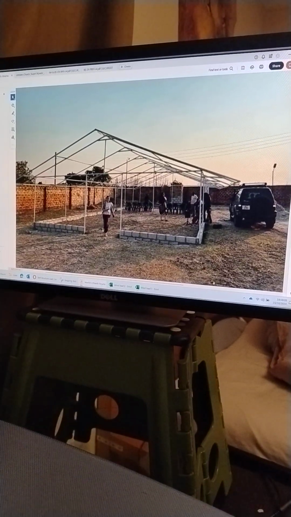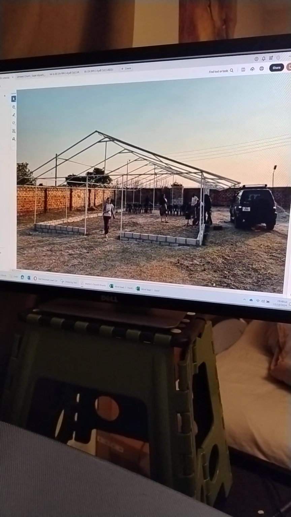But then I'm just thinking about these scaffolding members, whether they have capacity.